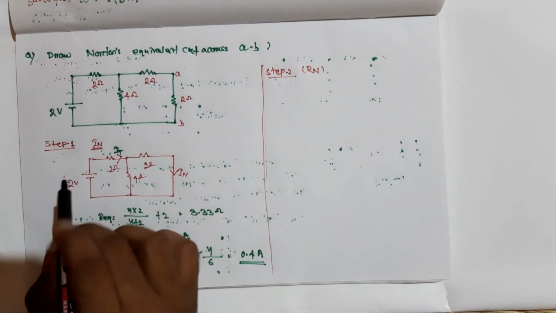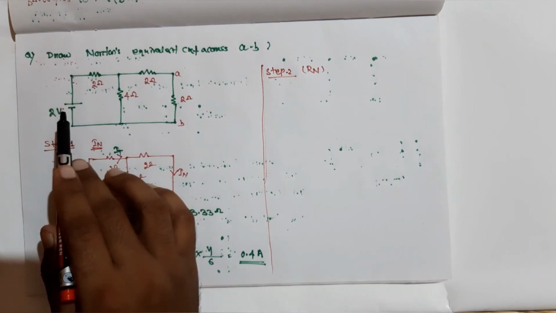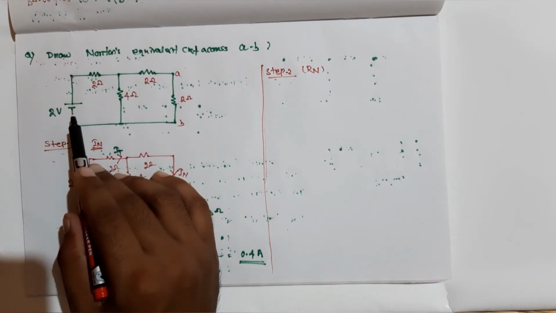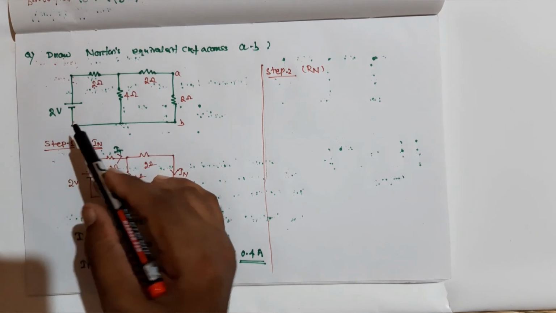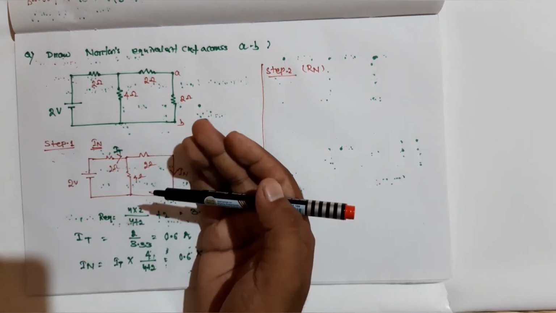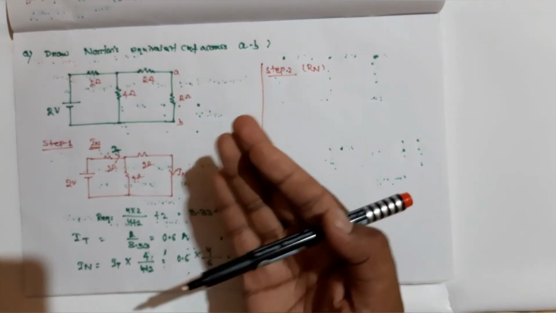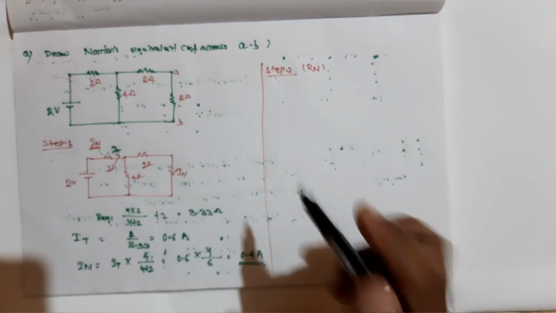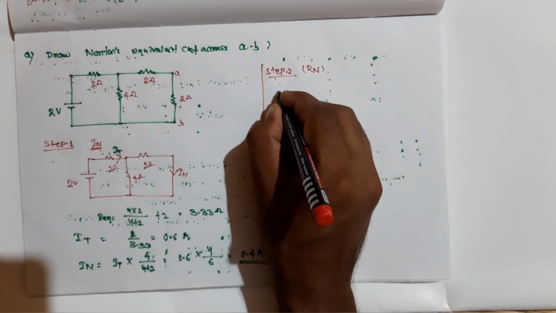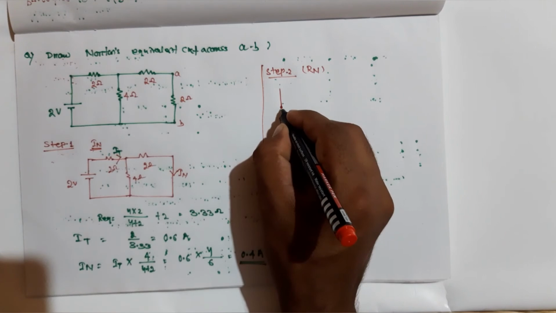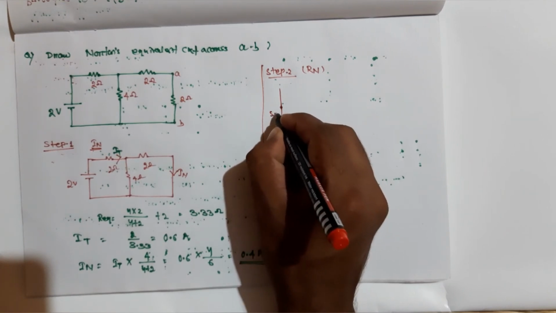Here we see only one independent source, a voltage source. For a voltage source, we need to short circuit it, because when we short circuit, there is no potential difference, so the voltage source is deactivated. So we short circuit this voltage source.